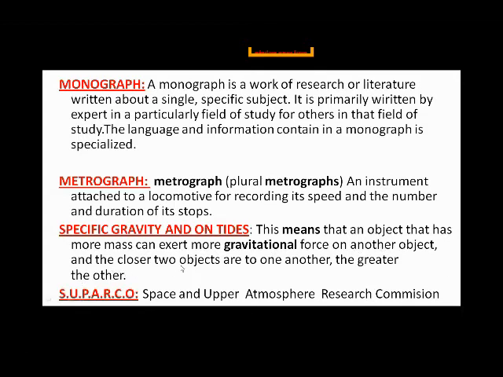And the closer two objects are to one another, the greater the force. If their distance is lesser, their specific gravity will also be greater. But if their distance is greater, their specific gravity will be lesser. It depends upon the situation.